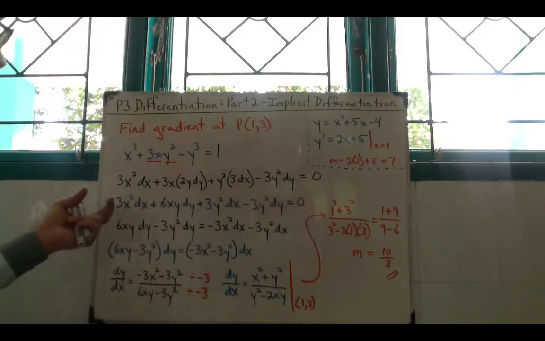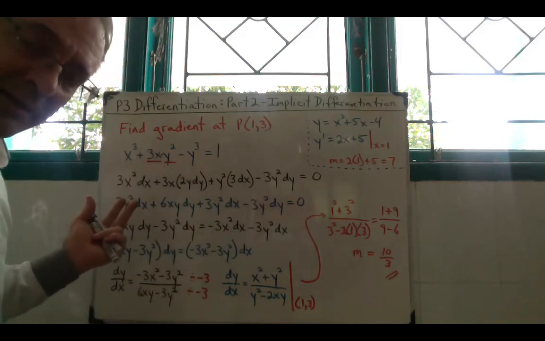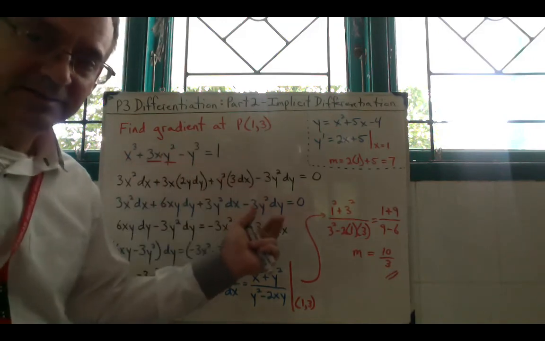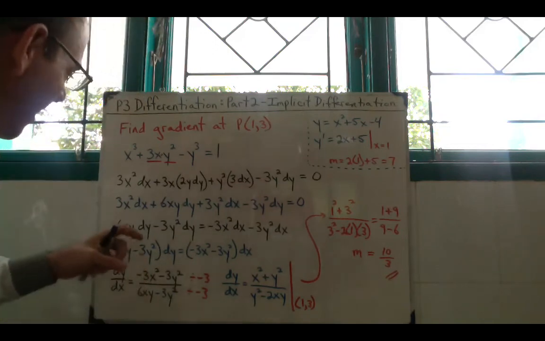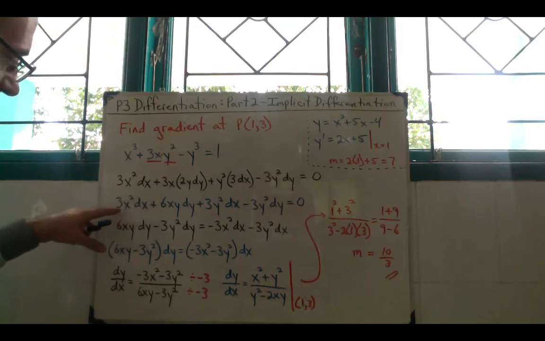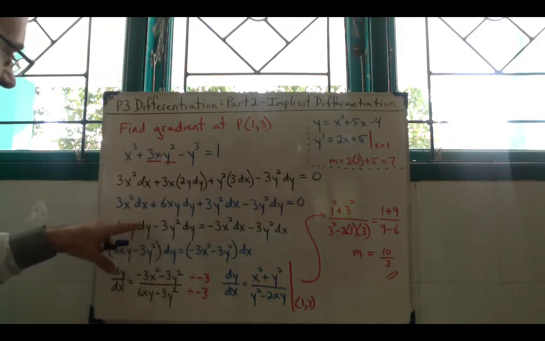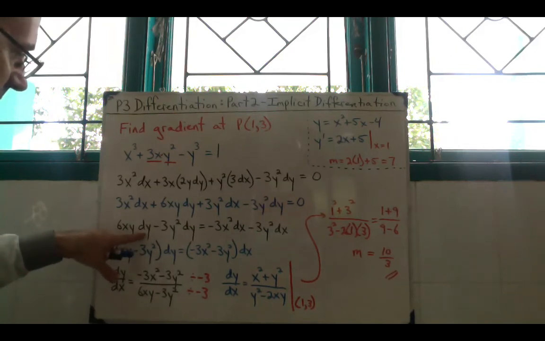Now we want to separate the dy's from the dx's. We're going to put all the dy's on the left and all the dx's on the right. So notice this is a dx term, so we don't want this on the left. Here is our first dy term, 6xy dy.